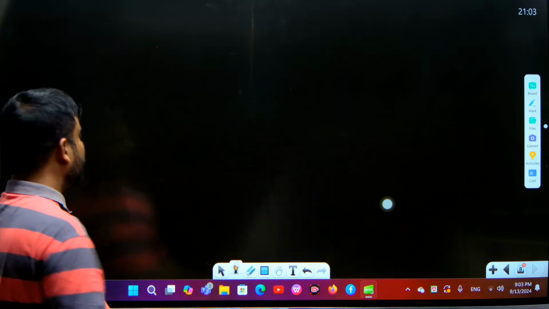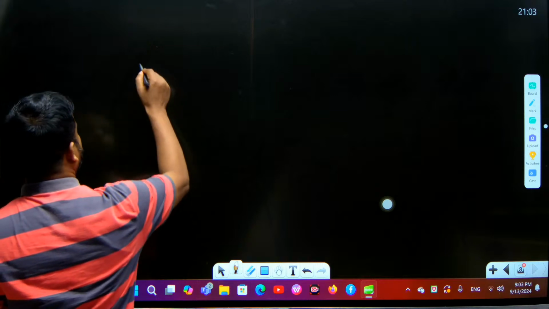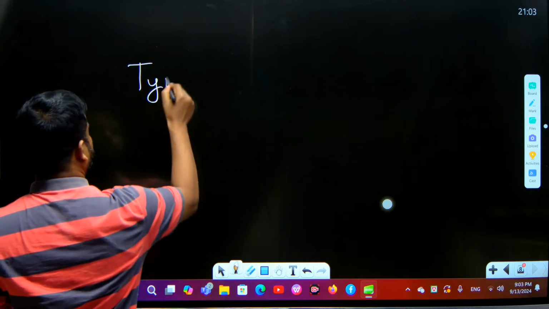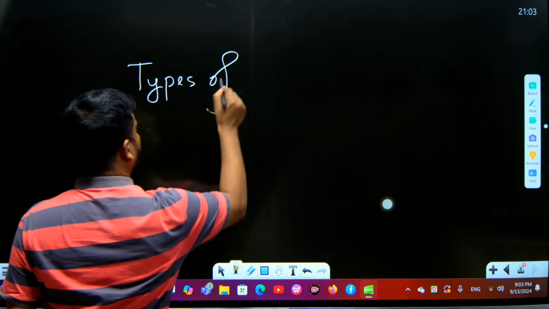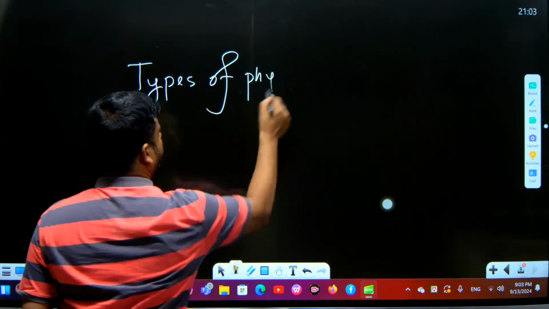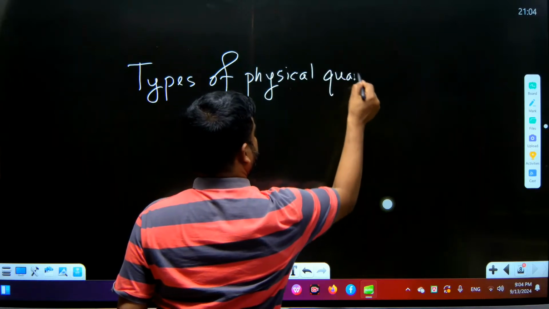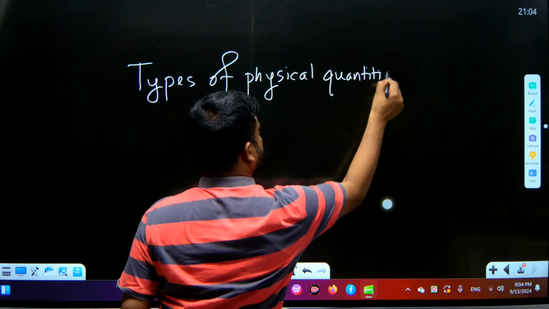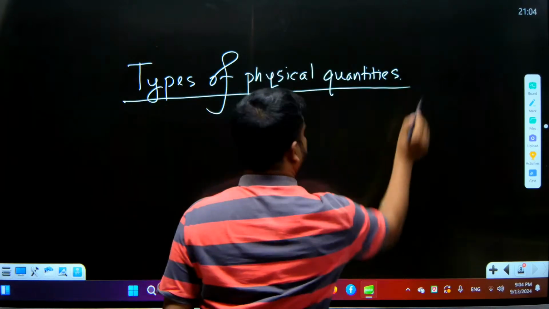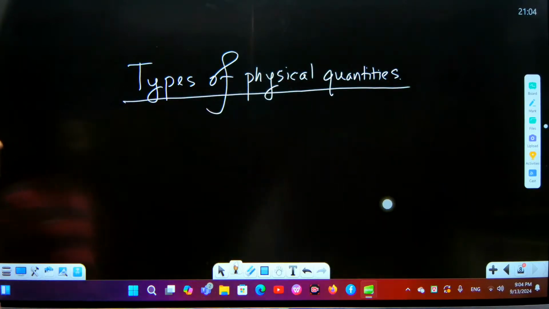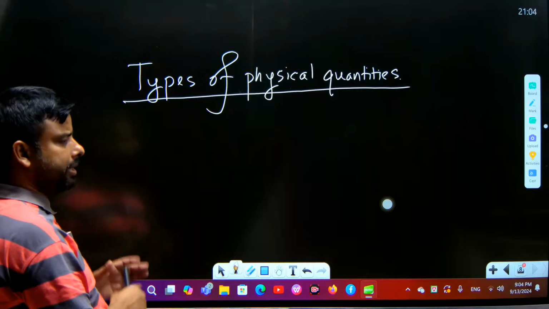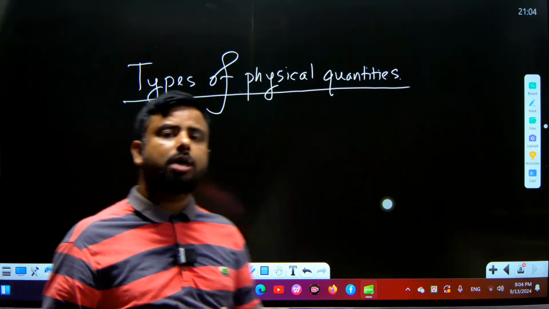Now, types of physical quantities. According to dependency, physical quantities are of two types.